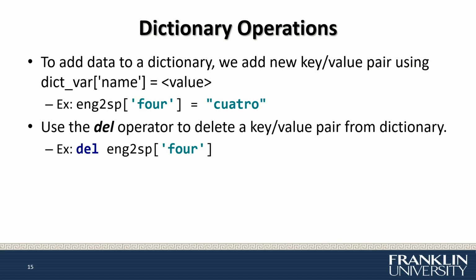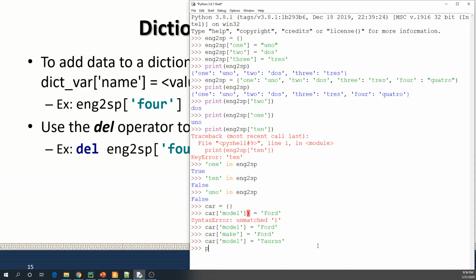Again, to add data to a dictionary, we basically add a new key-value pair. And you can also use the del operator to delete a key-value pair from the dictionary. So in my dictionary, English_to_Spanish, I have 1, 2, 3, 4.